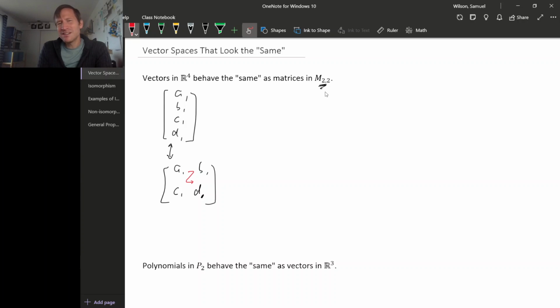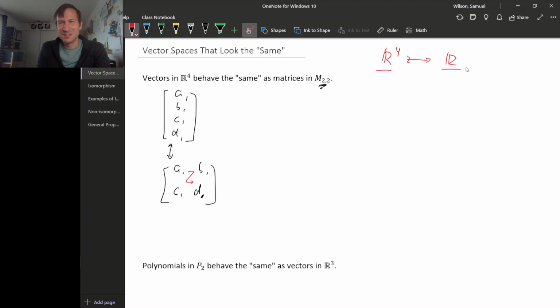But that's actually not enough, that doesn't really capture what we mean when we say that they're the same. In fact, there's a one-to-one correspondence between R4 and R, but these vector spaces definitely look different.